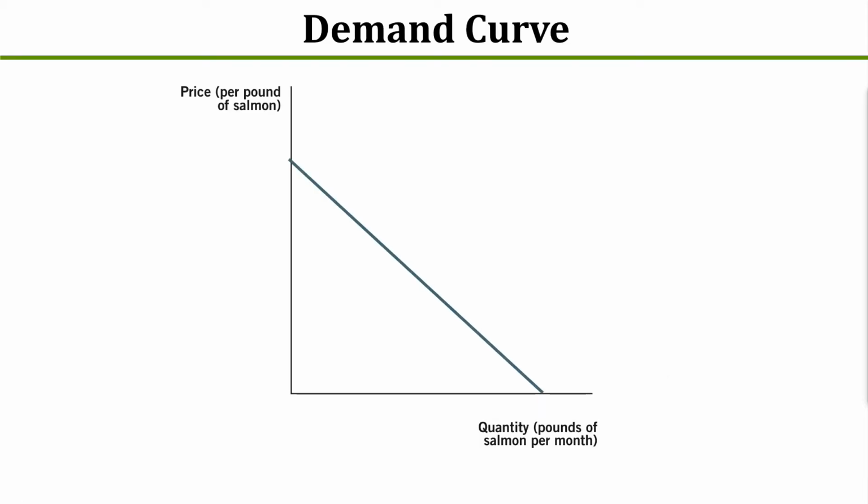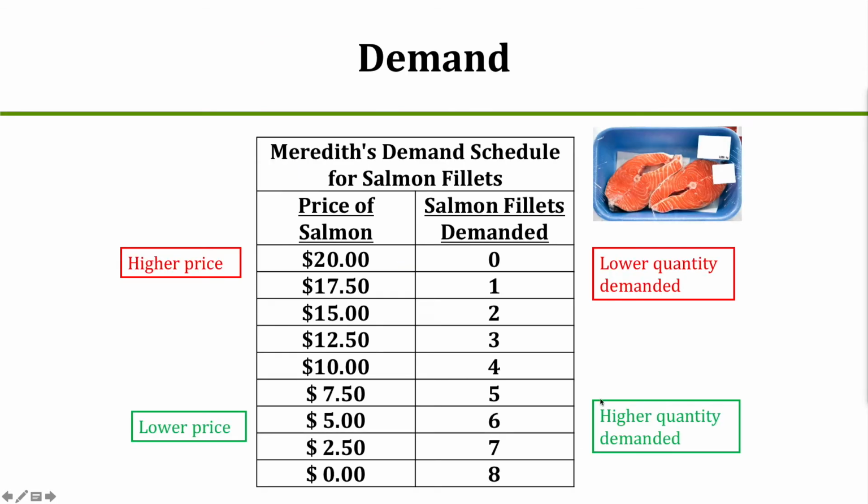We can try to draw that relationship on a graph. On the y-axis, we have the price as usual. On the x-axis, we have the quantity. And the good we are going to talk about is again salmon fillet. We are basically trying to put all of these numbers on this graph.